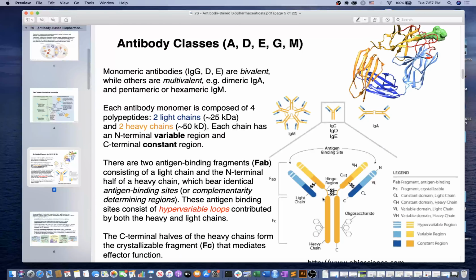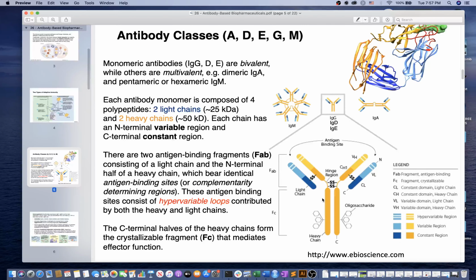But this one, I like the question he went through in the class later, to see which one has the FC domain and what the FC domain's job is. Basically you want to know some ways to name different parts of these antibodies.